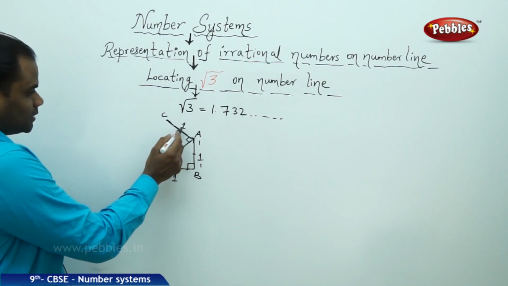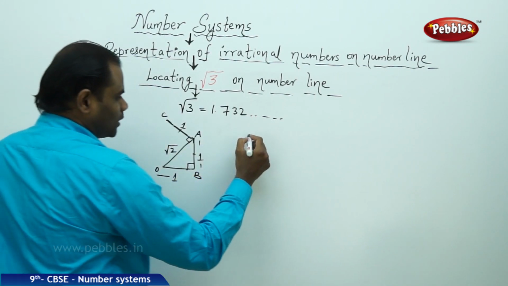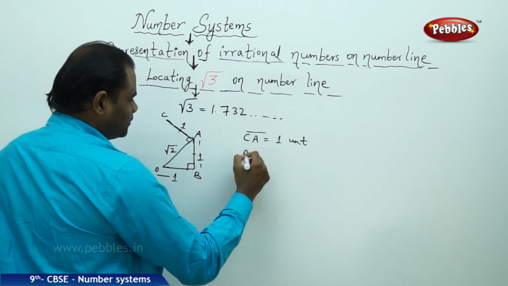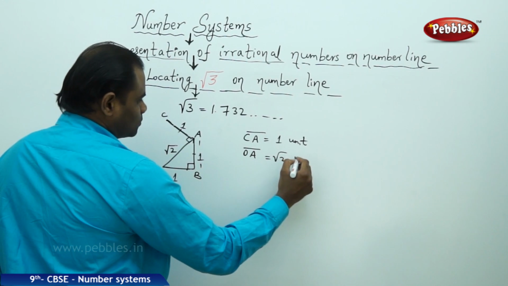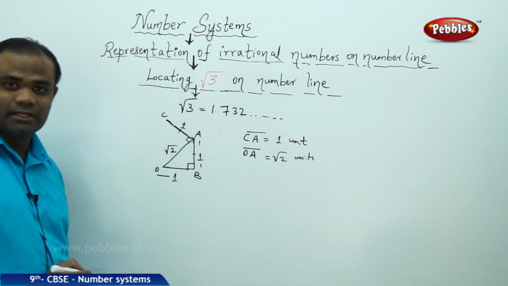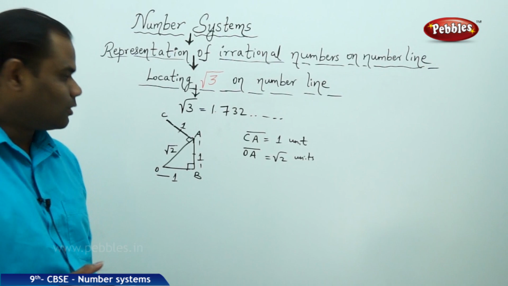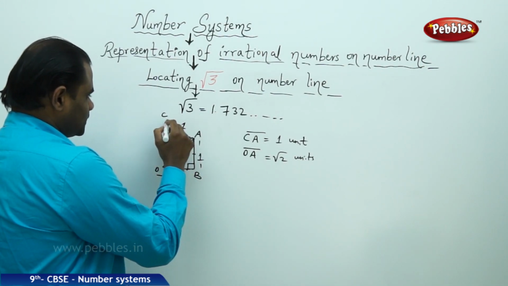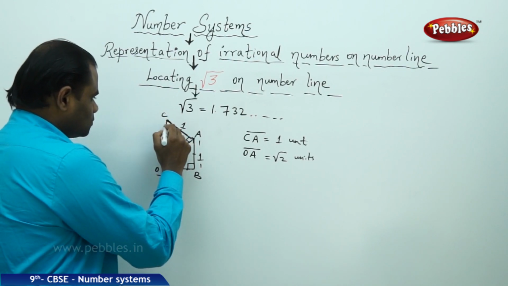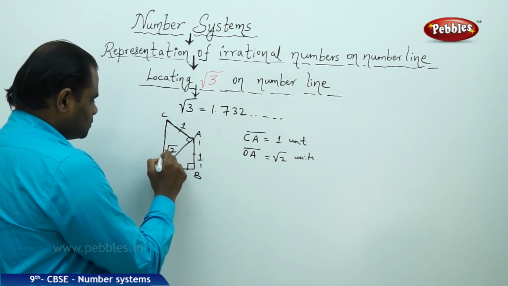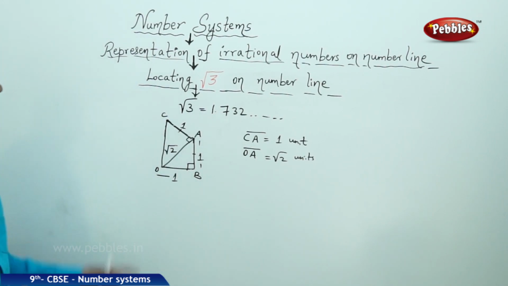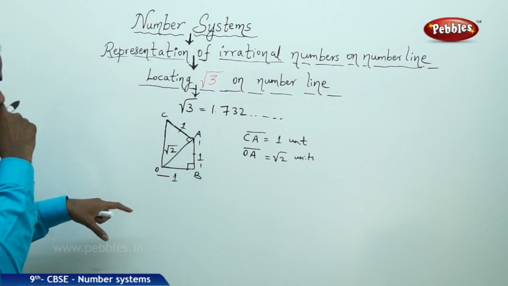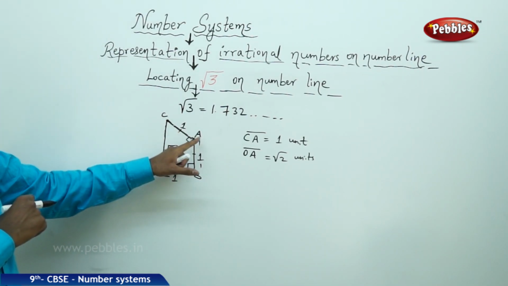So now I have the side CA which is 1 unit and I have the side OA which is root 2 units, as we can clearly see through the diagram. Now with this, let me join C to O. Now let's try to calculate the dimensions of the side OC of this triangle.